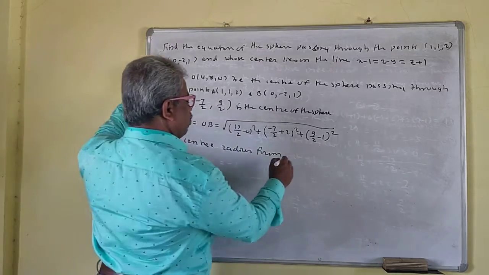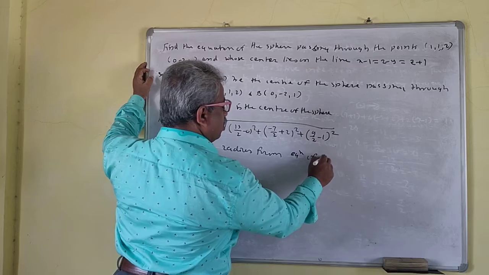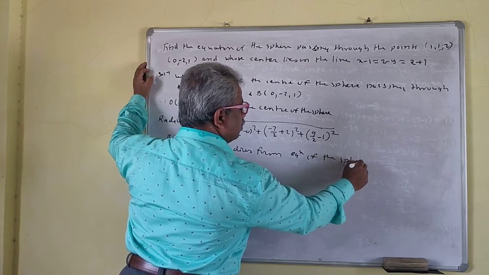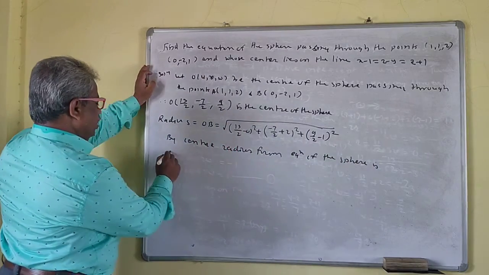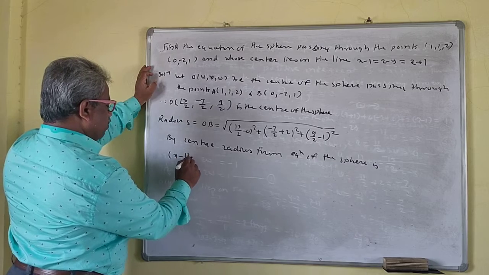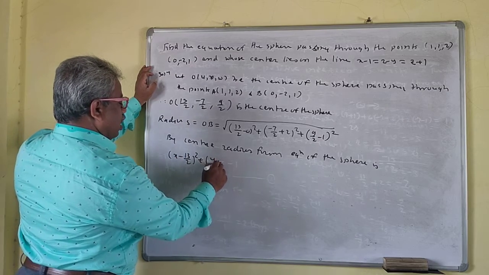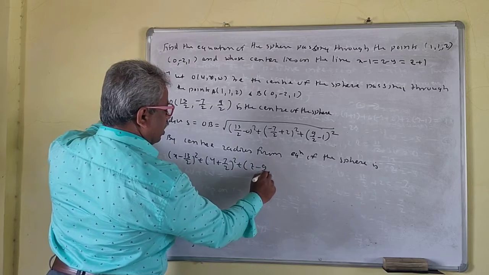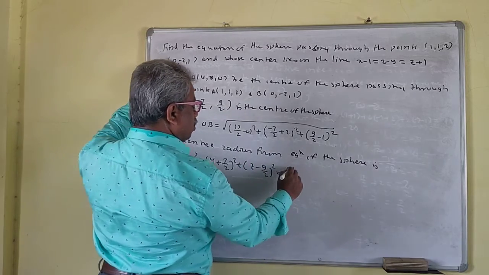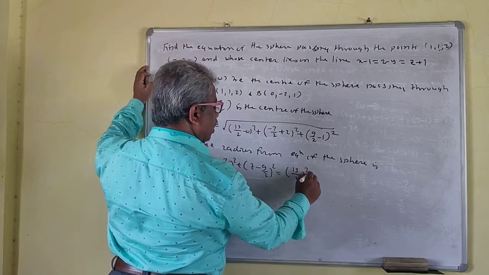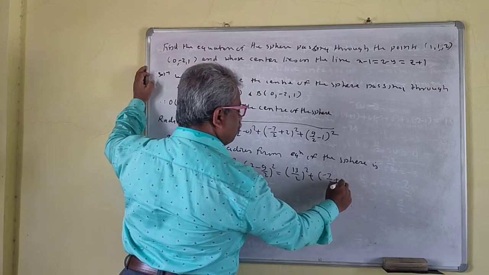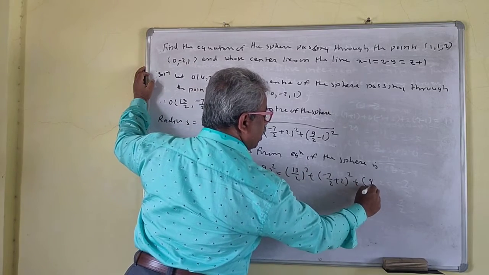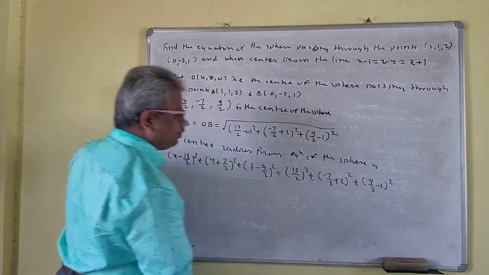Okay, by central form, equation of the sphere is x minus 13 by 2 square, y plus 7 by 2 square, z minus 9 by 2 square is equal to 13 by 2 square minus 7 by 2 plus 2 square, 9 by 2 minus 1 square.